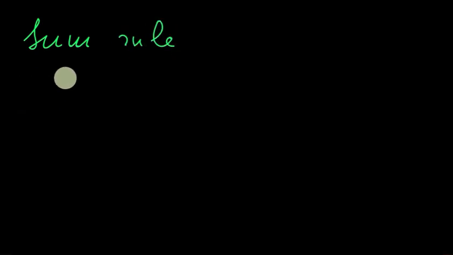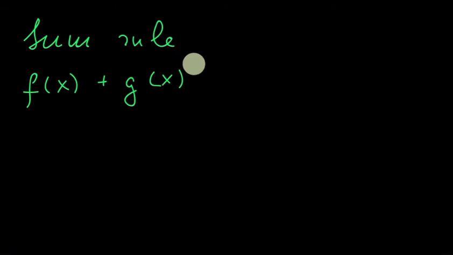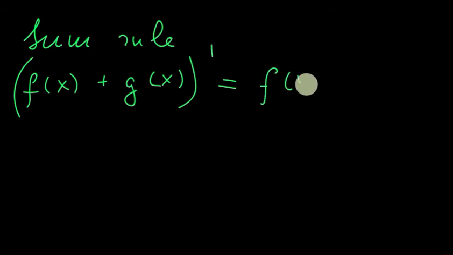It basically says that if we have two functions, f of x plus g of x, and we are taking a derivative of both of them, we can take a derivative of f of x and a derivative of g of x. So that plus doesn't change much, okay? Now the other rule is called the difference rule.